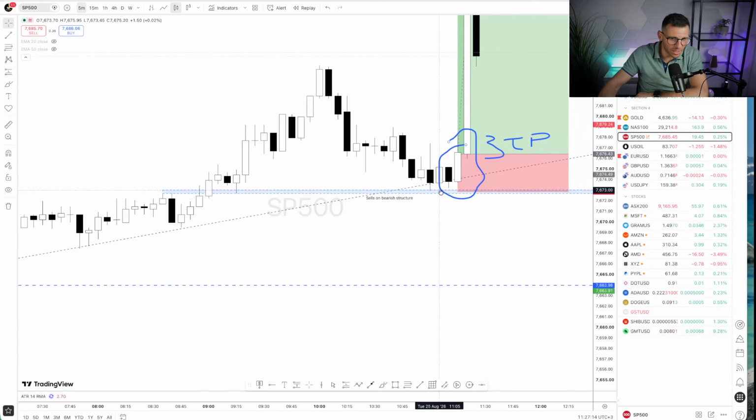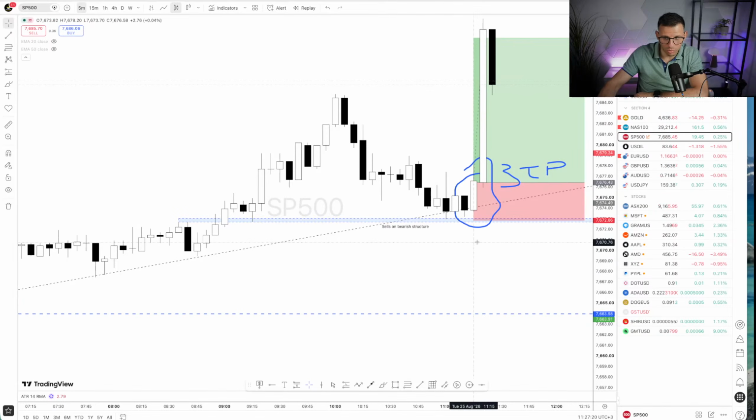It didn't happen, and that inside candlestick should have broken the market to the downside, but it didn't. So the probabilities, after this bullish candlestick, were to go up, and that's where we entered. So that was a good trade. I'm happy for today so far.